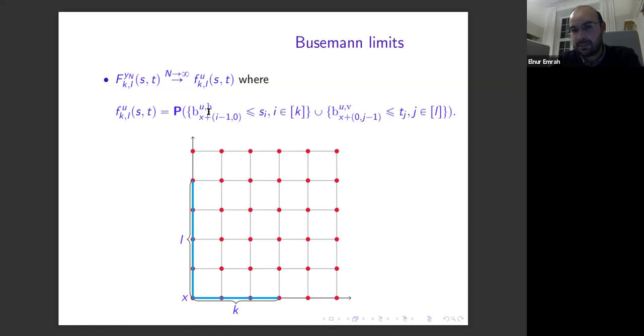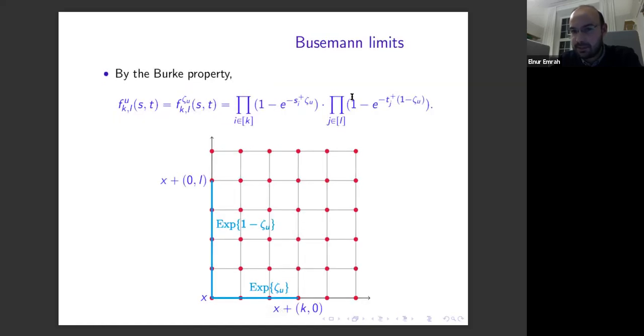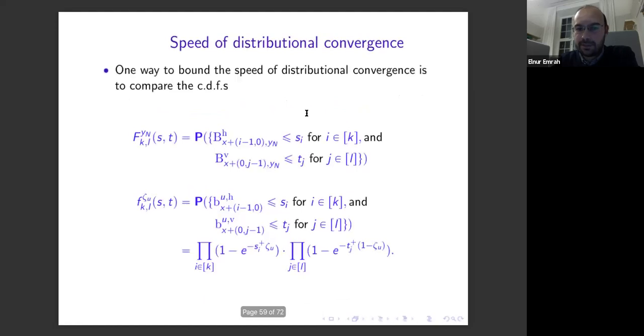And that's known explicitly. It's just this product of 1 minus exponentials. And our interest is to quantify the speed of distributional convergence. One way to do this is to compare the CDF of the increments and the limiting CDF.